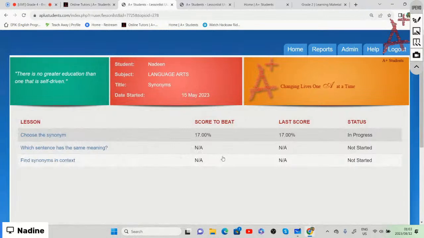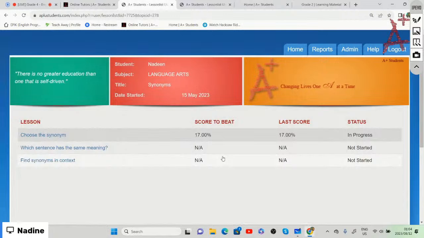All right, so once we're in the chapter of synonyms, the lessons that we are going to be focusing on today is to choose the synonym, which sentence has the same meaning, and find synonyms in context.